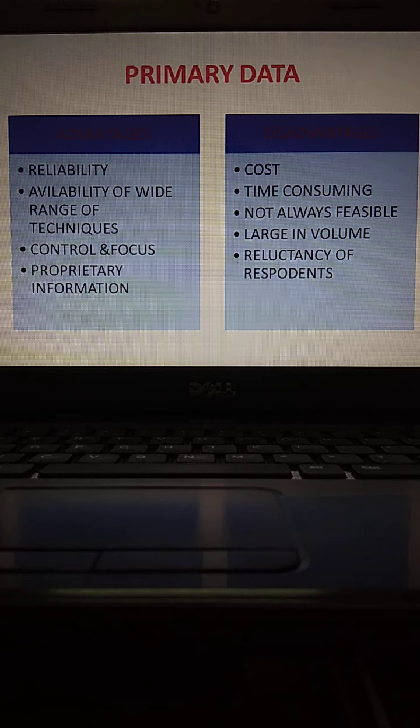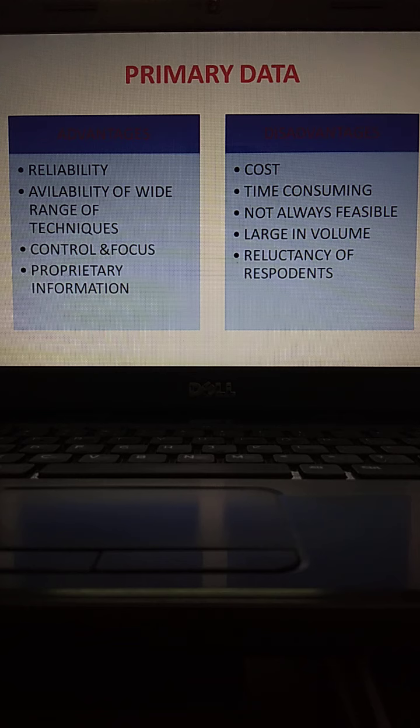One more advantage of primary data is control and focus. While the primary data is being collected, there is more control over the items to be included in it. That leads to minimizing the error.